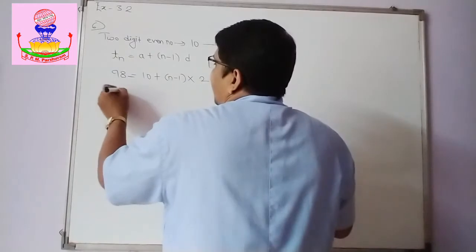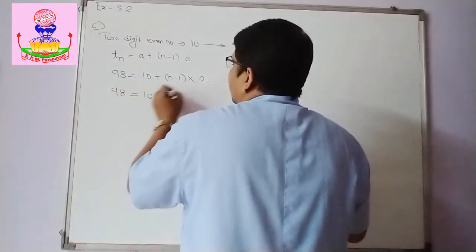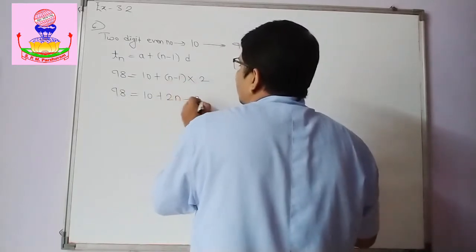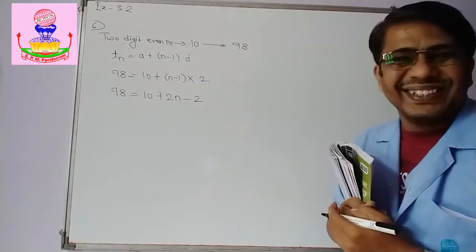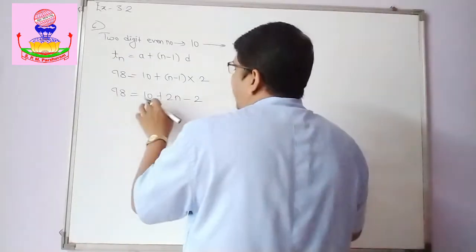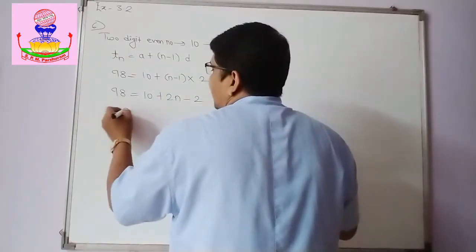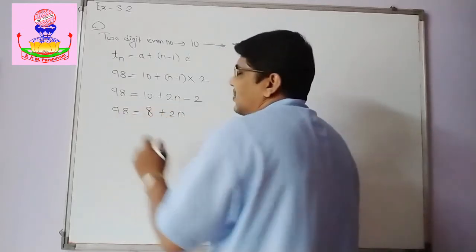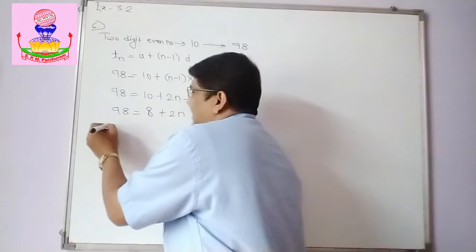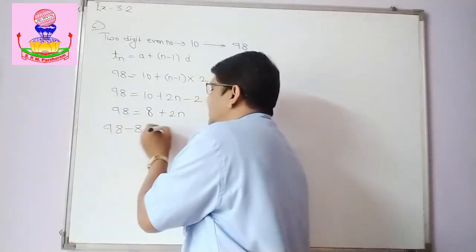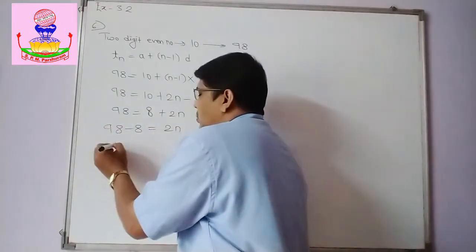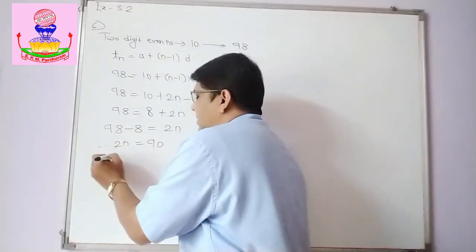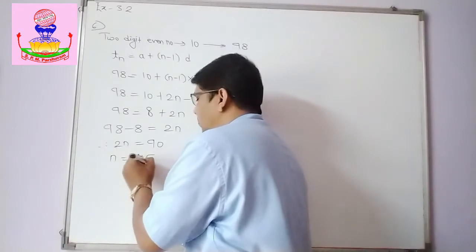So, 98 is equal to 10 plus 2 into n, 2n, minus 2 ones are 2. Right? Now, so 10 minus 2 is 8, plus 2n. Bring this 8 to this side. So subtraction. 98 minus 8, that is equal to 2n. So 2n is equal to 90. n is equal to 45.